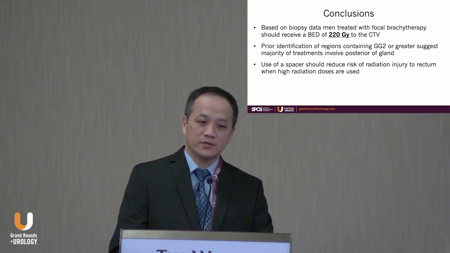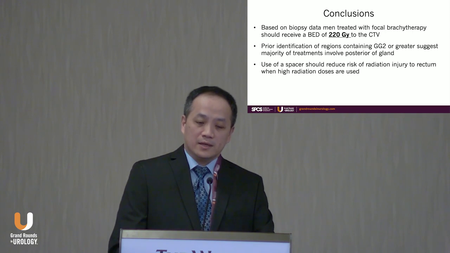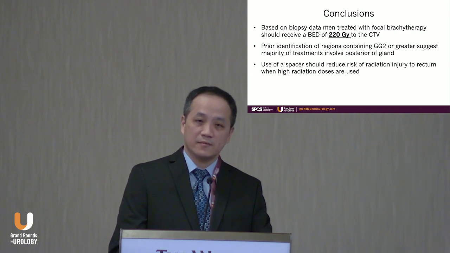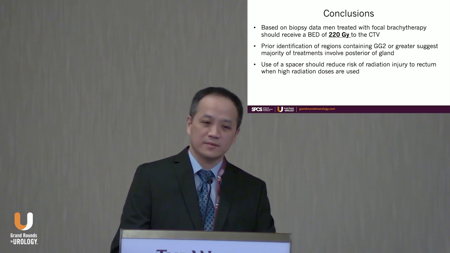And when we bring up the dose, we should use the spacer, which should reduce the risk of radiation injury, because we are delivering a higher dose and we try to maintain exactly the same recurrent toxicity compared to using the regular conventional dose per fraction.